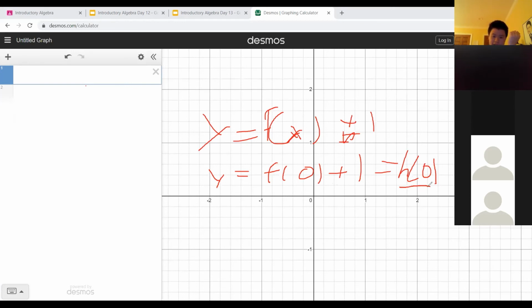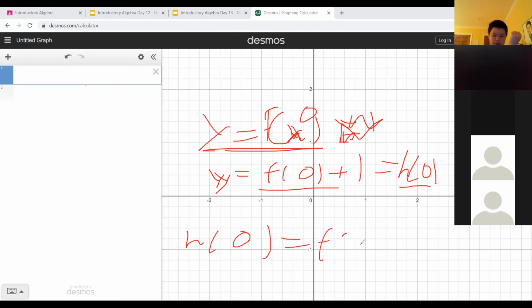How does h change to f? Well, the y here, let's pretend this is the original, and input 0, f(0), h(0) equals f(0) plus 1. And so everything h(0) has is 1 y unit above f. Similarly, if this were minus, it would be 1 below.